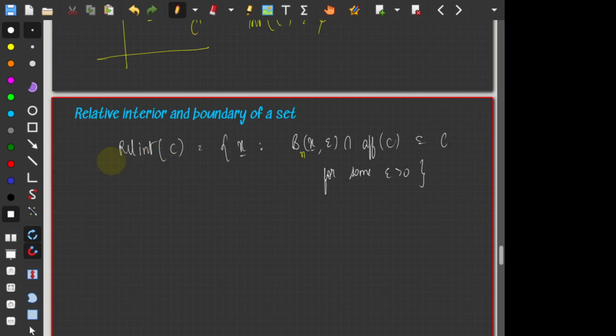If you apply this definition, you will get basically the line segment excluding the endpoints. And what is a boundary? It's just the closure minus the relative interior.